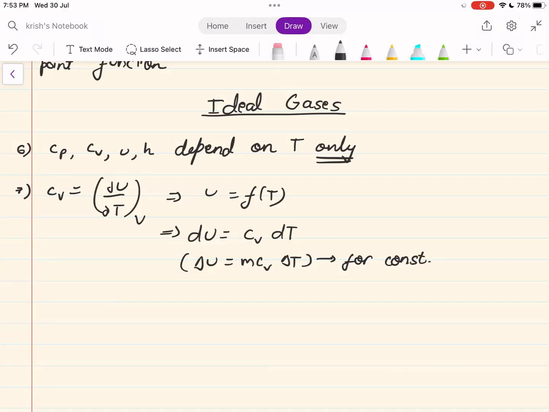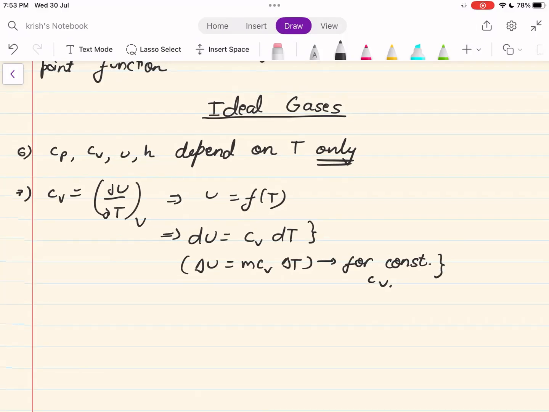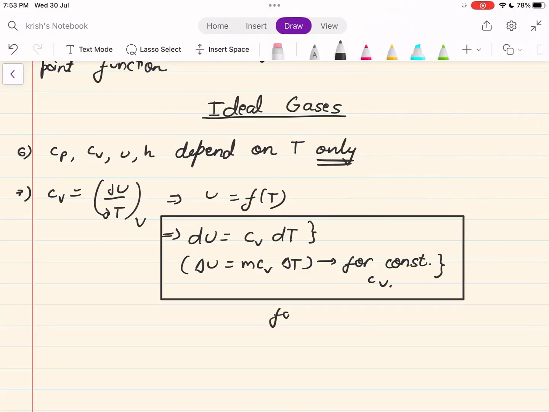That is, if your Cv is a function of temperature, then you will have to use this. But if your Cv is of constant value, then you will have to use this. And you can only use these two formulas when we have ideal gas, right?